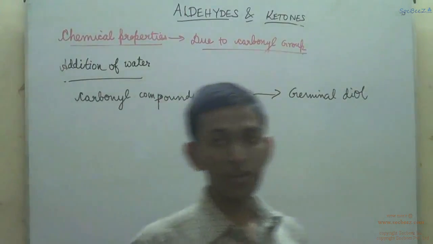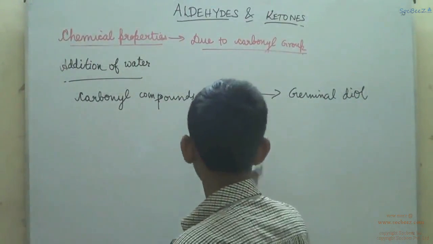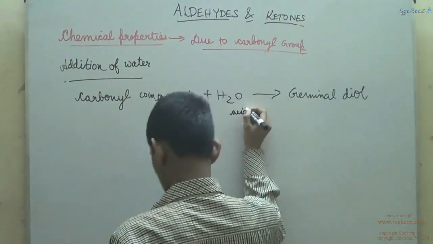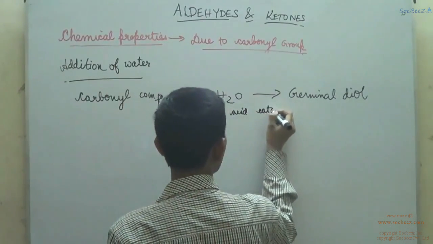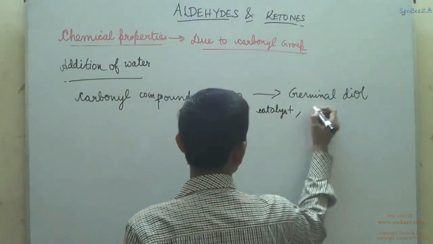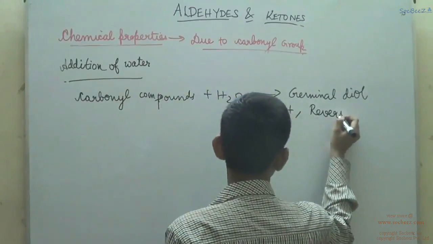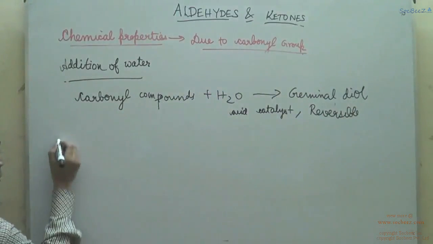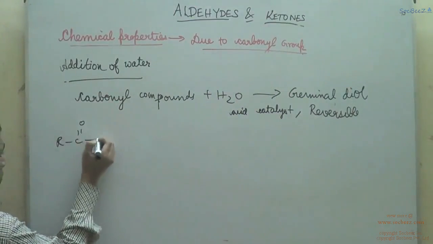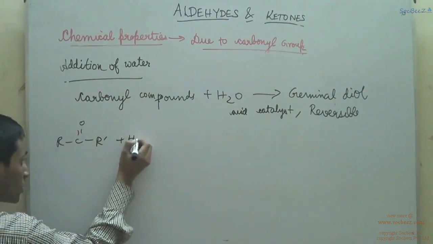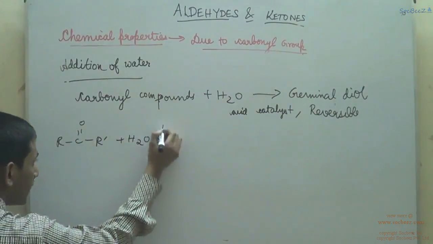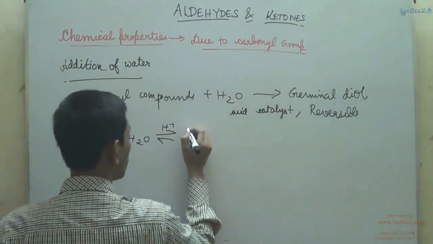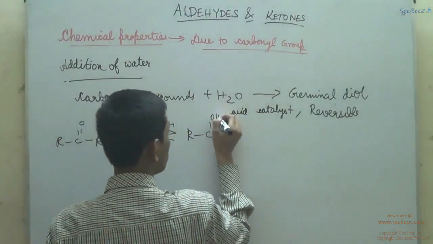You know water is a very poor nucleophile, so it is generally acid catalyzed, and the reaction is always reversible. So I'll take a ketone plus water, in the presence of acid will form the gem diol.